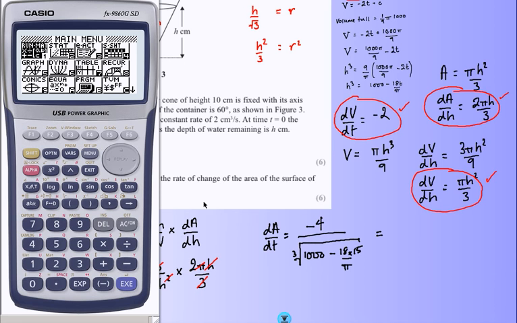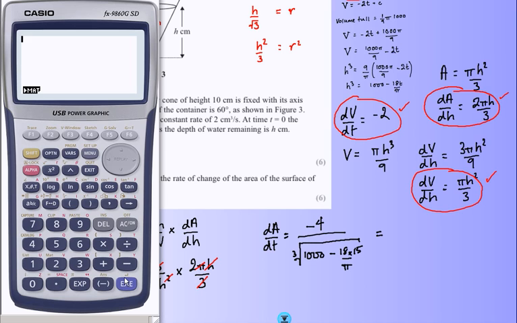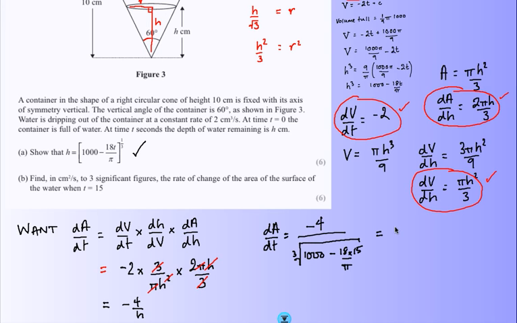So, calculator to hand. Cube root. Okay, that is our answer: minus 0.412.